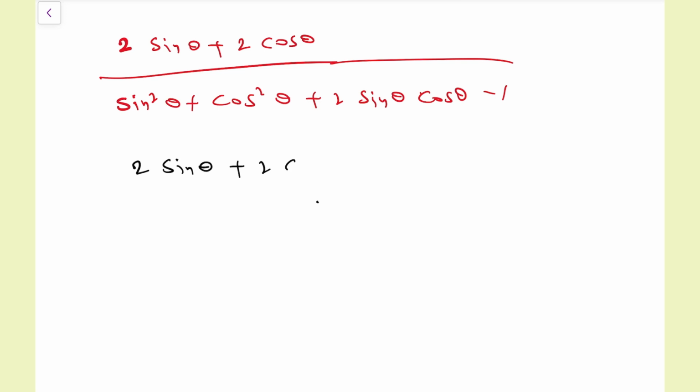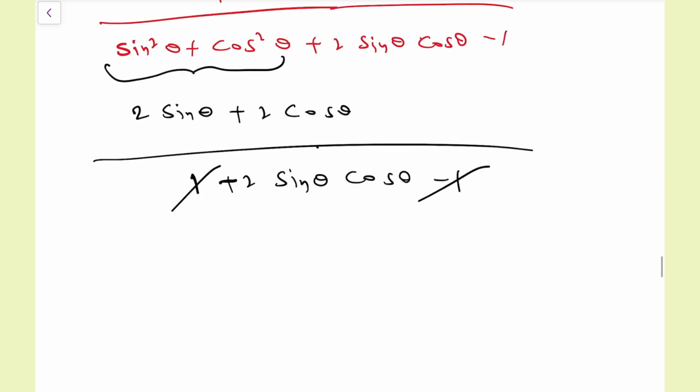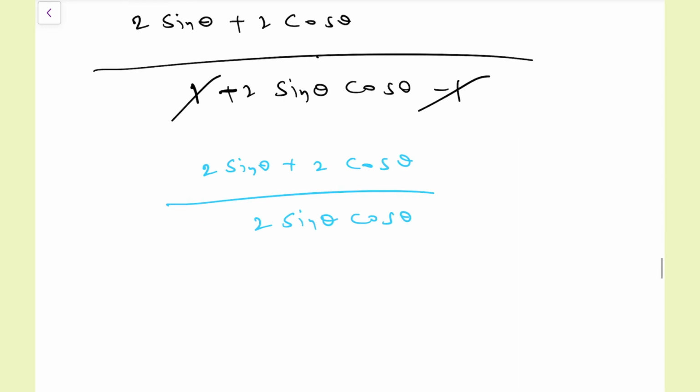2 sin theta plus 2 cos theta whole divided by sin square theta plus cos square theta, which is 1, plus 2 sin theta cos theta minus 1. Minus 1 plus 1 will cancel. So we remain with 2 sin theta plus 2 cos theta whole divided by 2 sin theta cos theta.